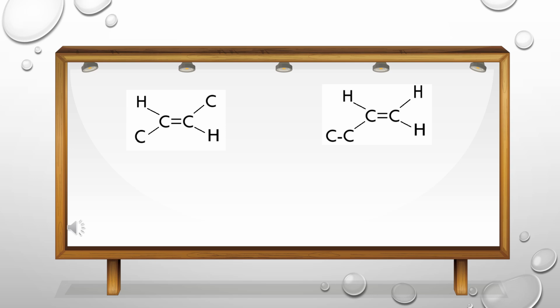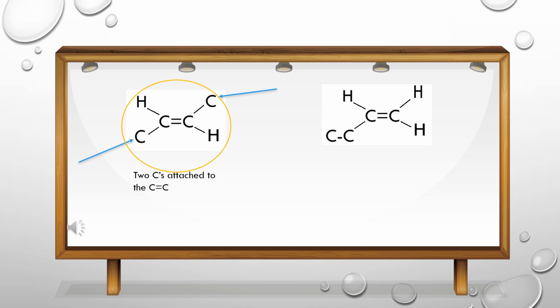To be able to accurately predict which of these 2 products will form, I've expanded the structure a little bit, and I've just shown the carbons primarily. Here's the carbon-carbon double bond, and I see that this carbon and this carbon up here are directly attached. So there's 2 carbons attached to this carbon-carbon double bond.